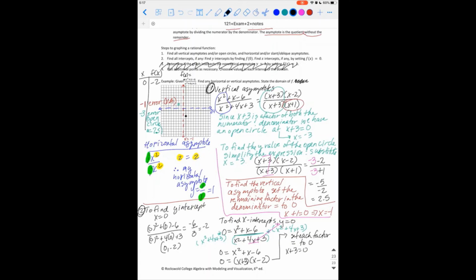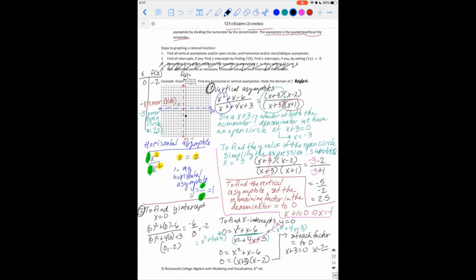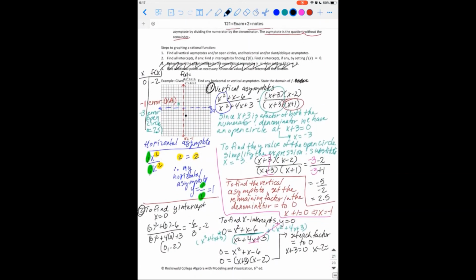So I'm going to have x plus 3 equal to 0, x minus 2 equal to 0. Just doing it again, sorry.